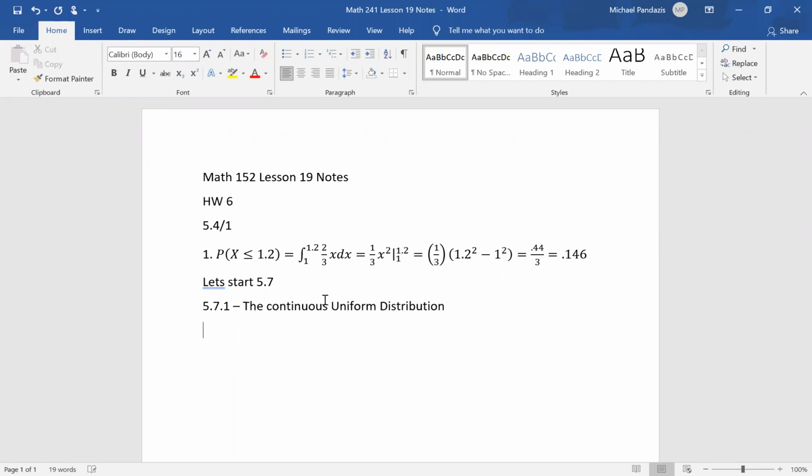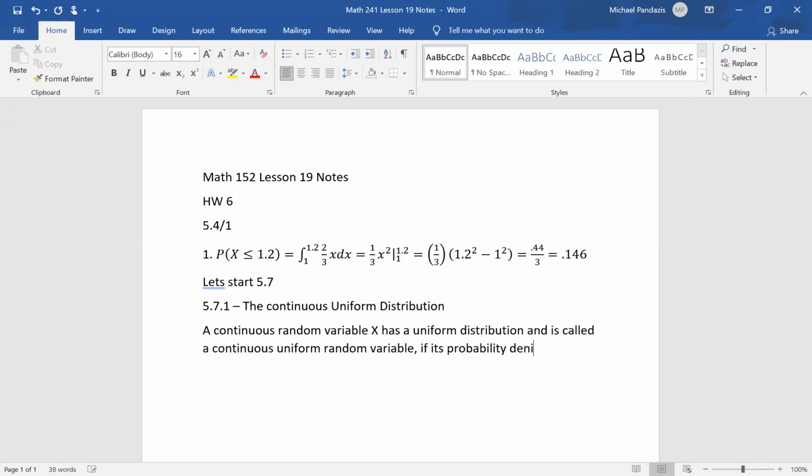A continuous random variable x has a uniform distribution and is called a continuous uniform random variable if its probability density function can be defined as follows. Definition 5.3.